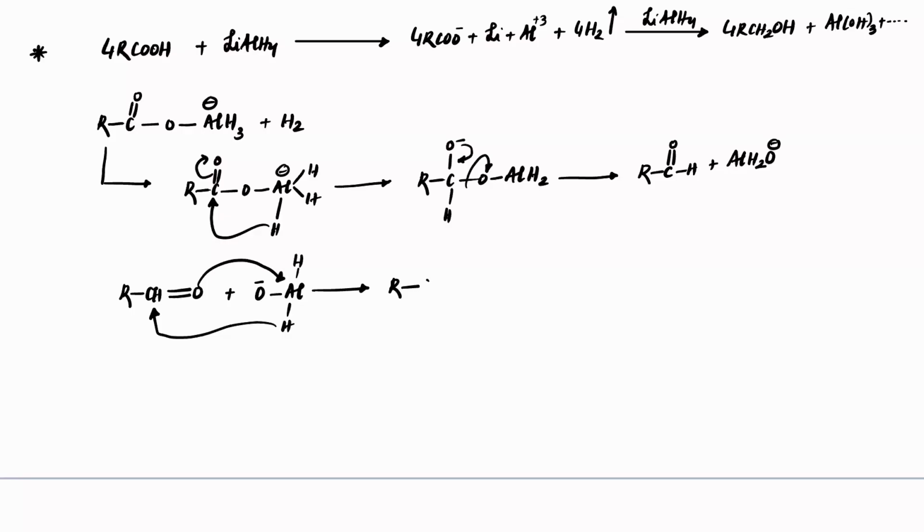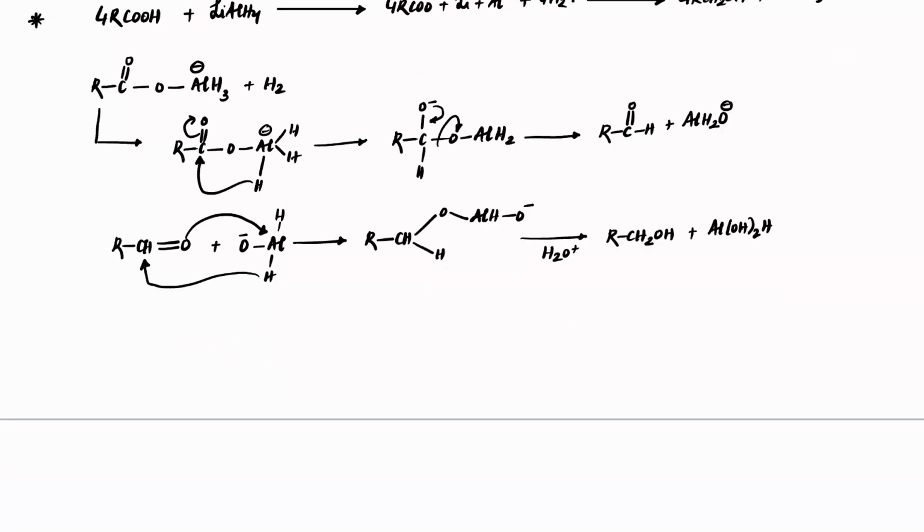So you will get RCH oxygen with Al H and O minus, and here hydrogen will come. And this on hydrolysis will convert into RCH2OH and Al(OH)2 and hydrogen. Furthermore, this hydrogen can also be utilized.